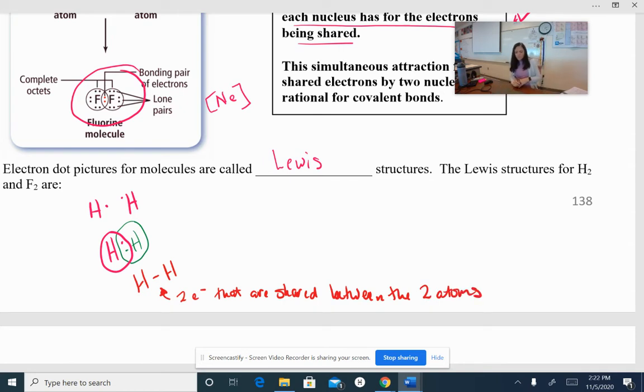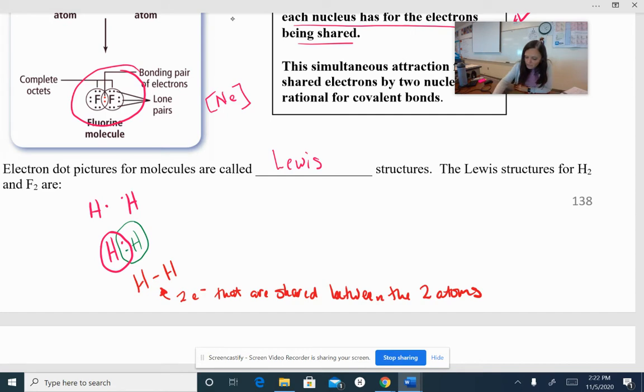So in Lewis dot structures, we will draw a line between 2 elements to show that we are sharing electrons. And each line that we draw in between those 2 atoms signifies 2 electrons. Okay? So let's continue this.